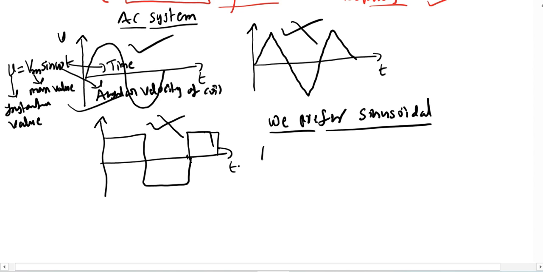The first point is that the sinusoidal signal is easy to generate and transmit.